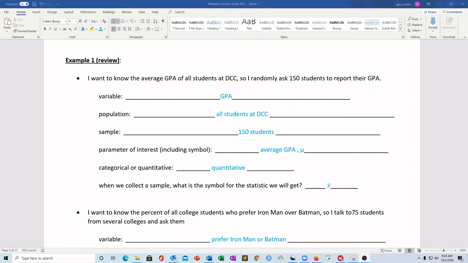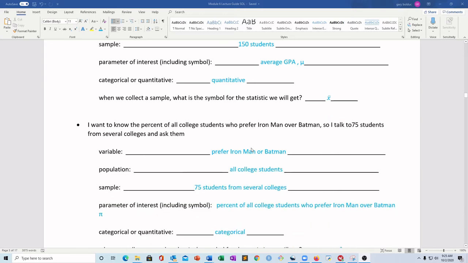So that's all pointers to quantitative. And then finally, the symbol for the statistic is x bar. Remember, for a parameter we have a Greek letter. For a statistic, we have our alphabet's letter with a little hat on it. So x with a little hat on it.